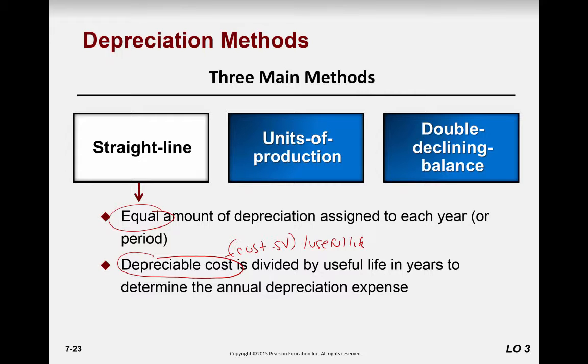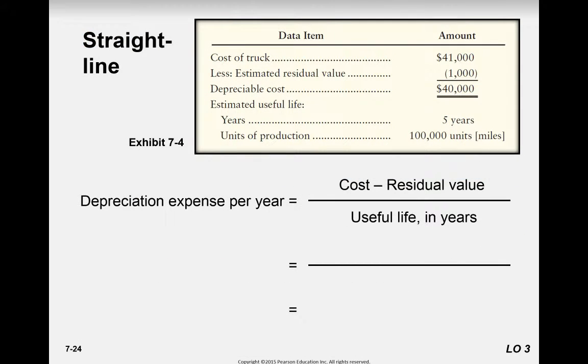If you take the useful life of 5 years and multiply it by 12 months, you get 60 months, and if you divide by 60, you'll have the depreciation expense as a monthly figure. So for straight line, we see the cost is 41,000, we subtract 1,000, and we divide by 5 to get 8,000.